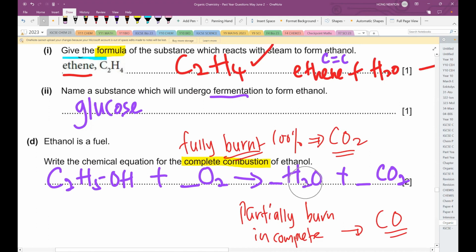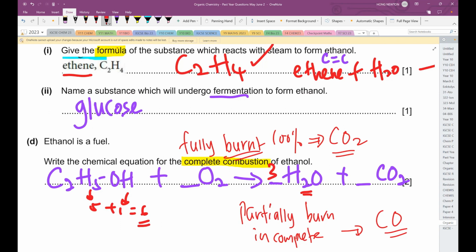So how to get 6? Water has 2 hydrogen, so we need 3 water. 3 times 2 is 6.